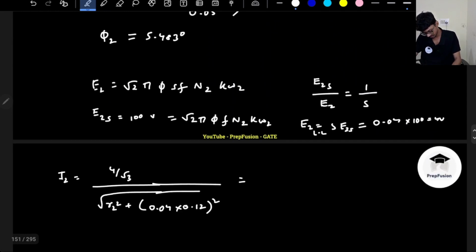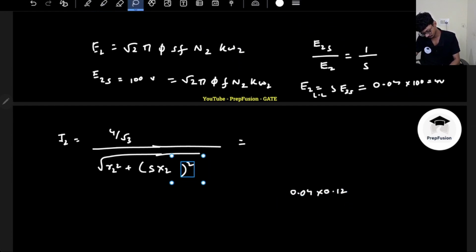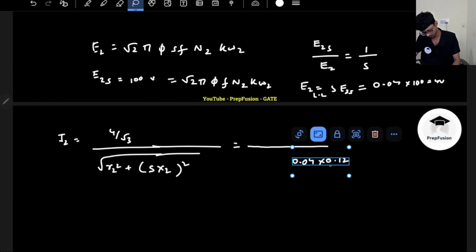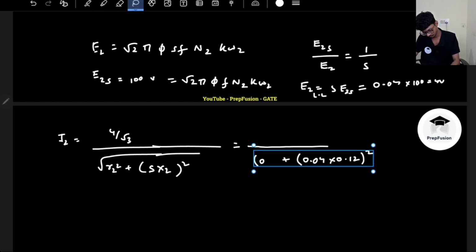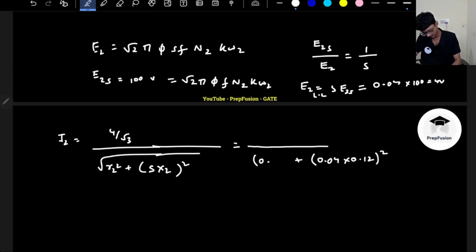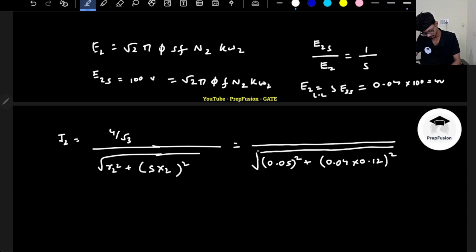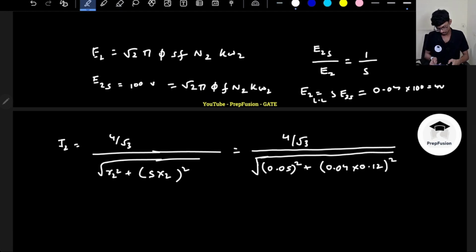So it is 4 divided by root 3 divided by the square root of 0.04 into 0.12 whole square plus 0.05 whole square.